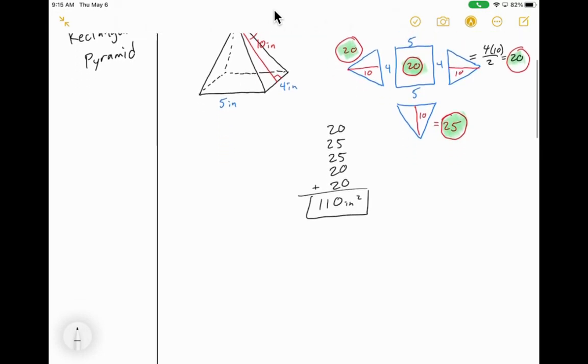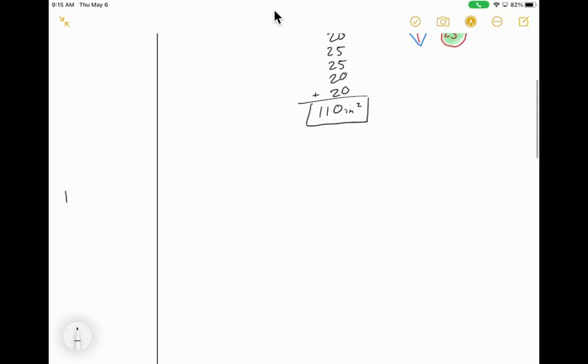Okay. But let's see. Let's do a triangular pyramid. These ones are pretty tough. These ones are pretty hard, and I'll show you why in a second. Okay, so let's start with a dotted line, slightly slanted.